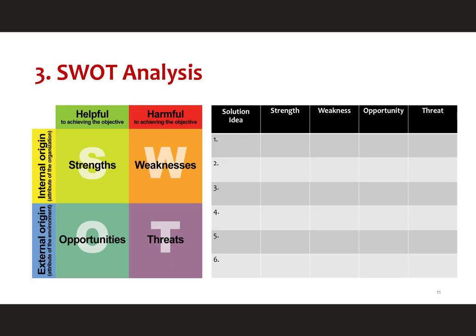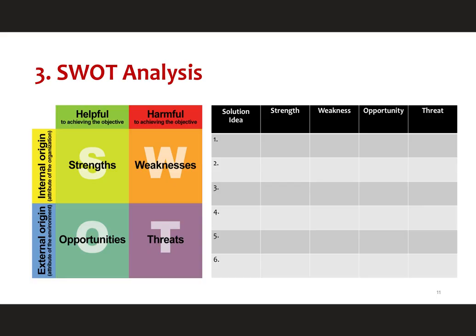On the third method, we call the SWOT analysis. The SWOT analysis consists of 4 corners. The first corner is the strength, the weakness is the second corner, then opportunity and the threats. For each idea that you have, you try to identify the strength of this idea, how helpful it is. Is it a very good idea?